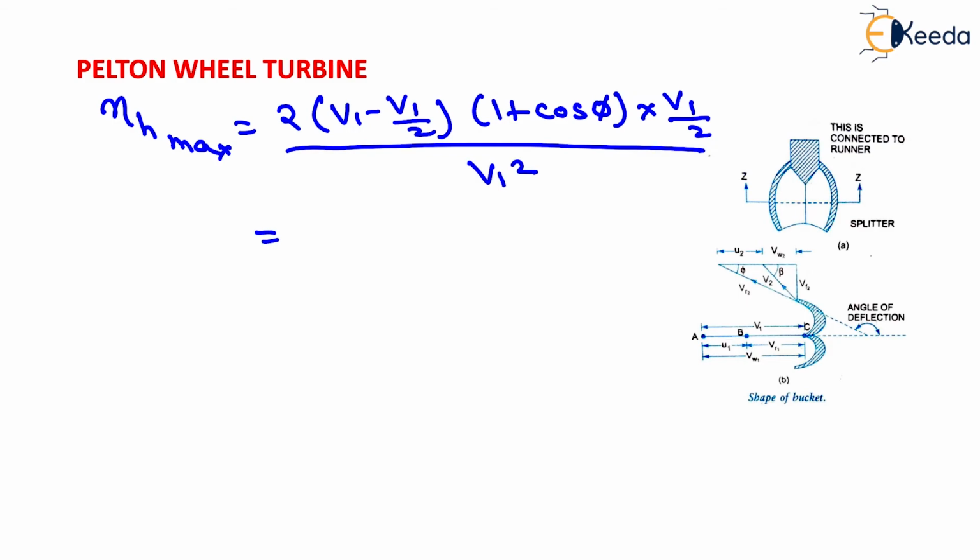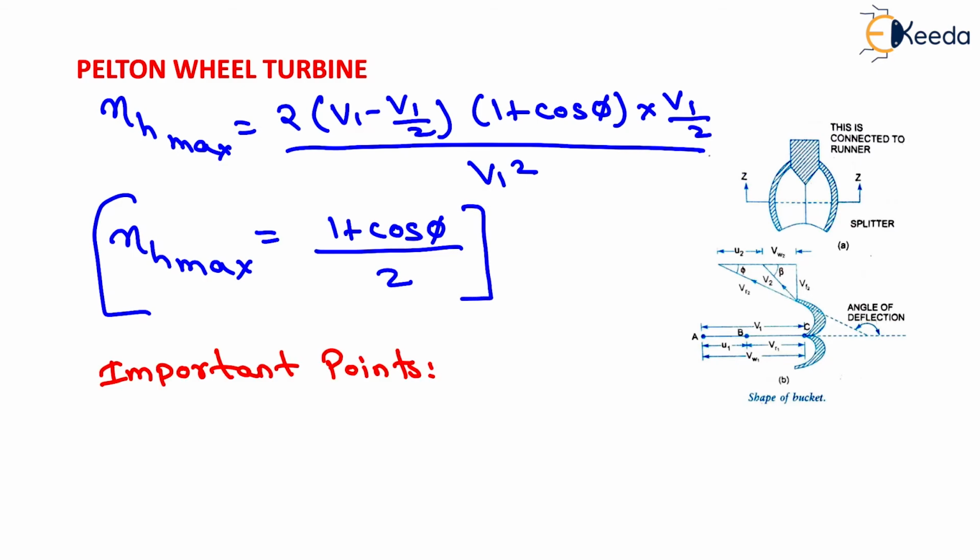Now on cancelling out numerator and denominator terms, we will have (1 plus cos phi) upon 2, that is the maximum hydraulic efficiency.